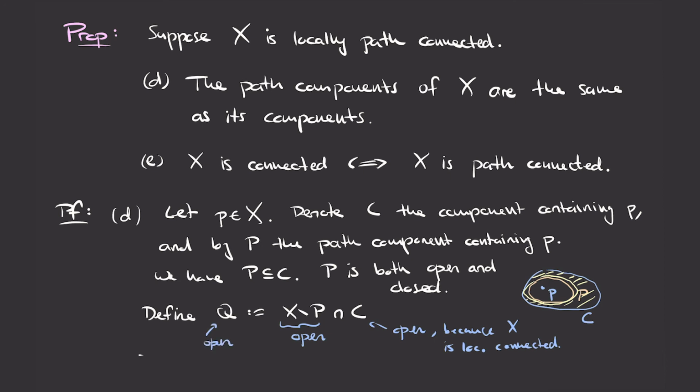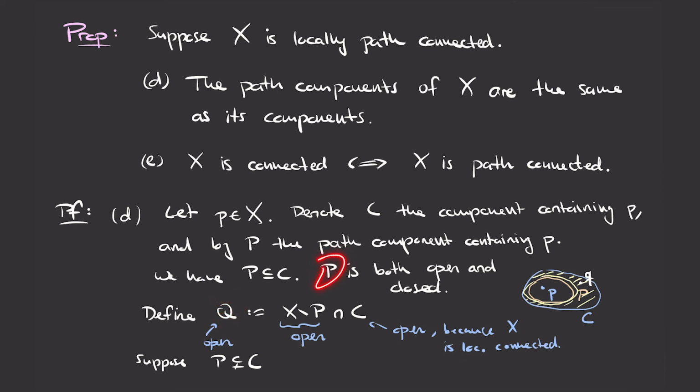Okay, so now suppose, for the sake of contradiction, that P is properly contained within C. Well, then there would be some point small q outside of P. And in that case, this set Q here would be non-empty. And then P and Q would disconnect C. Why is this?